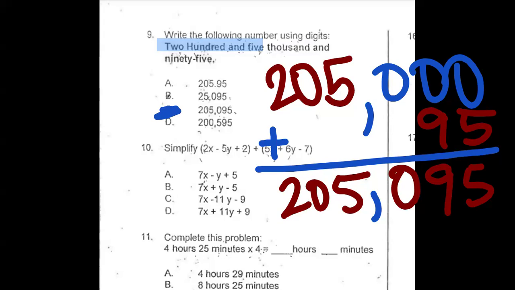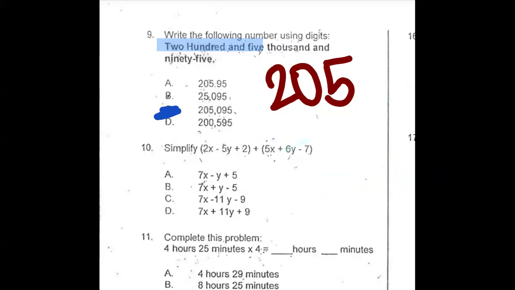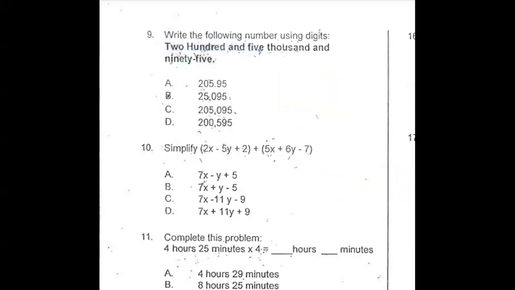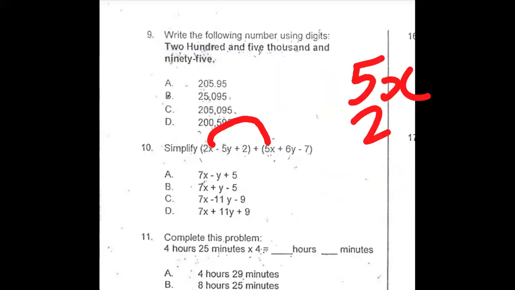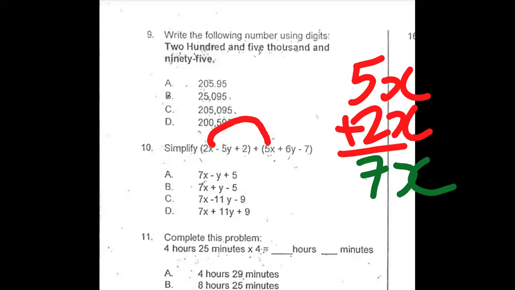Now, let's go to grouping like terms. All right. So you have X's, Y's, and numbers, right? So let's do this. You have 5x plus 2x, right? Well, that's going to give you what? That's going to give you 7x, right?